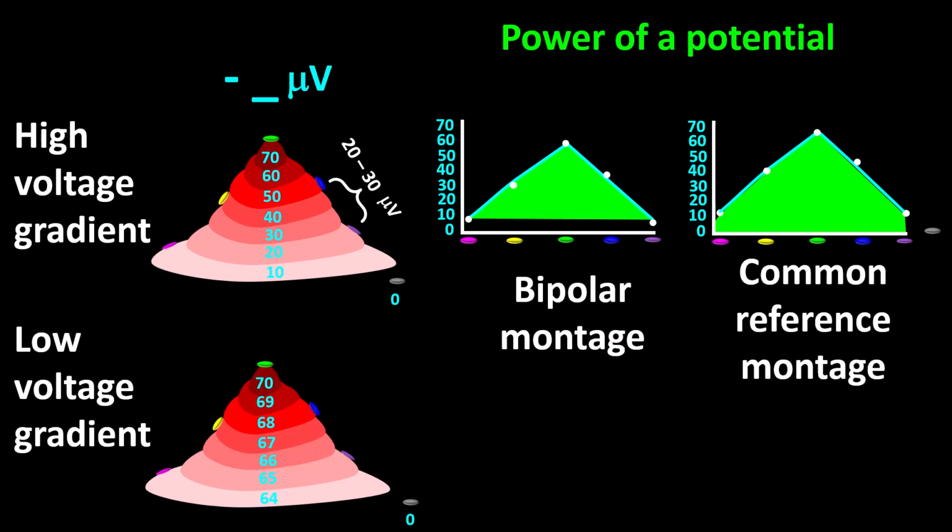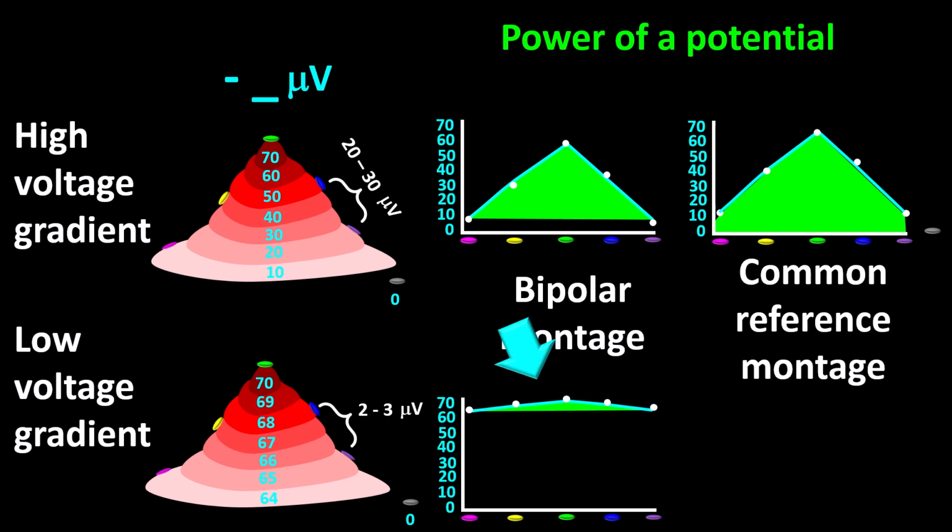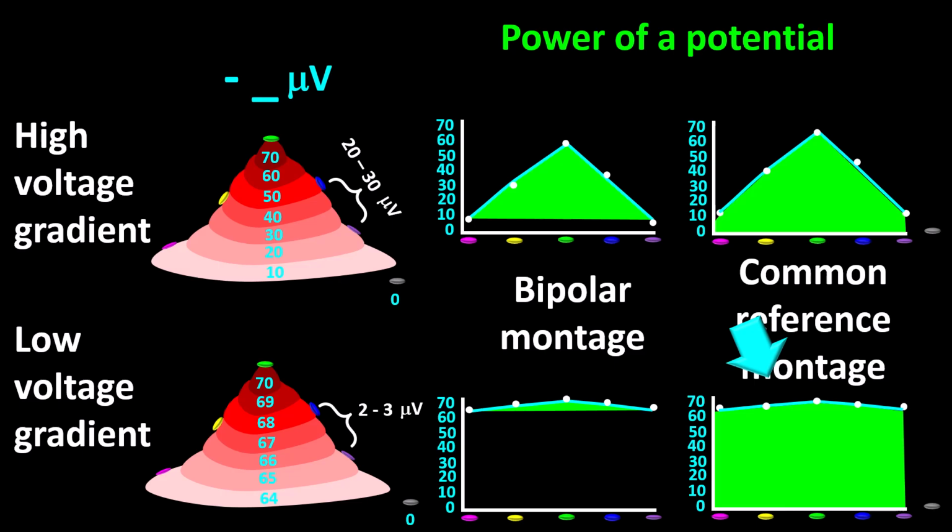But if instead the electrical field is still with the maximum of negative 70 microvolts, but with a smoother amplitude gradient, so that the electrodes, despite being at the same distance as before, are only about 2 to 3 microvolts apart, there will be a striking difference between the green area in the bipolar montage and the green area in the common electrode reference montage.